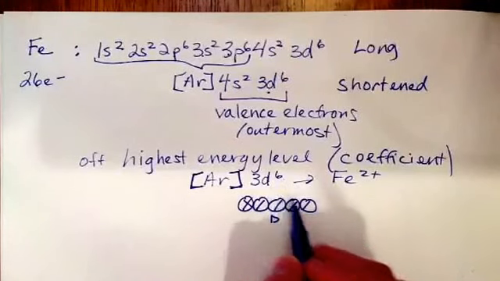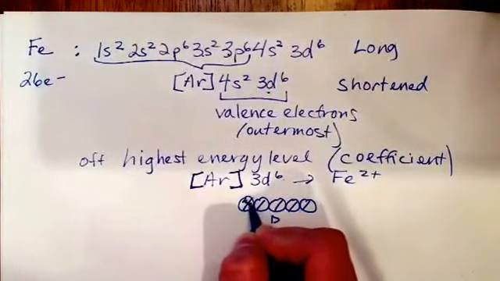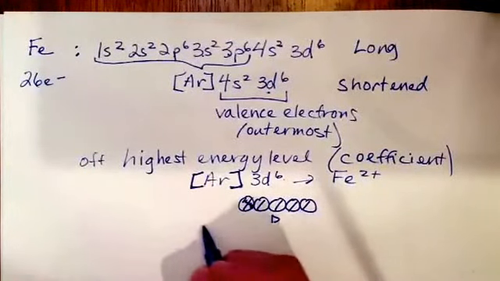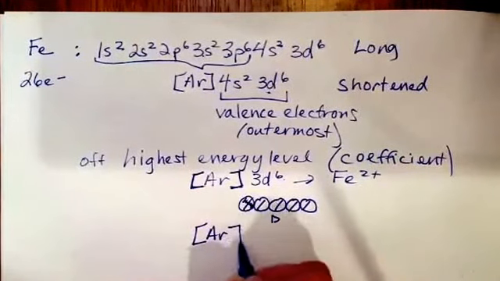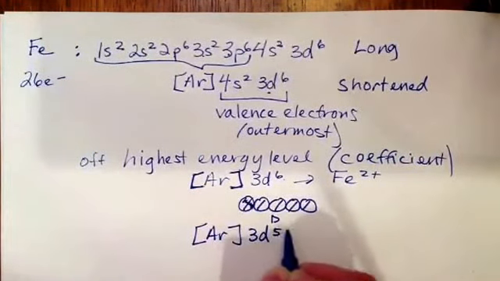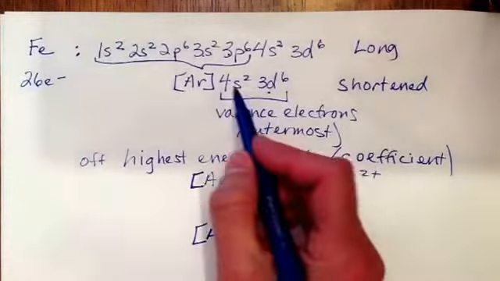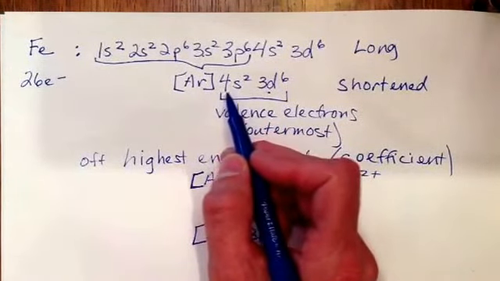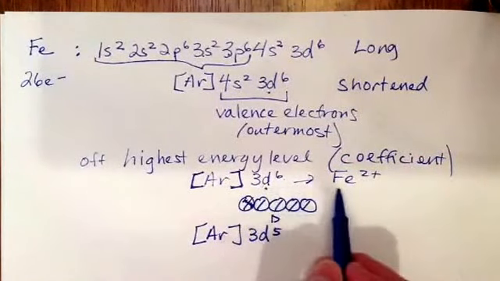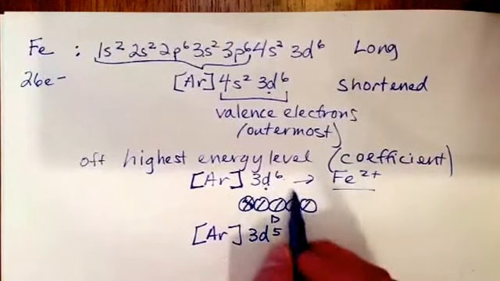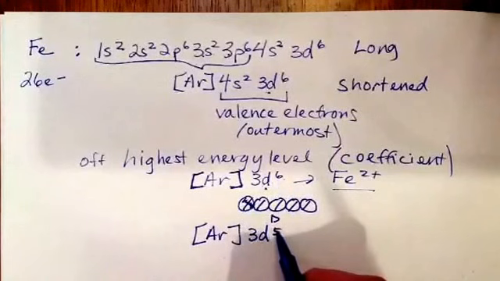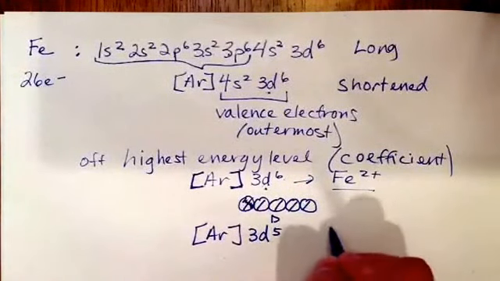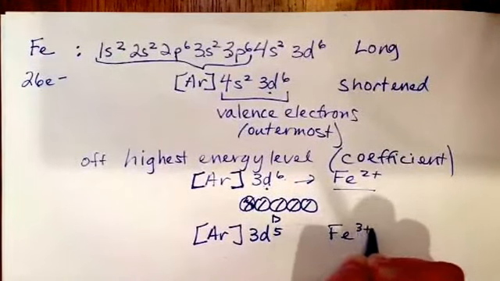If I remove one of these, I have a half-filled orbital, and I know that that is also a stable situation. So by completely removing an orbital and an energy level and coming down to just 3d, I have a stable ion. But if I remove one more in addition to those two, I'm forming a 3+.